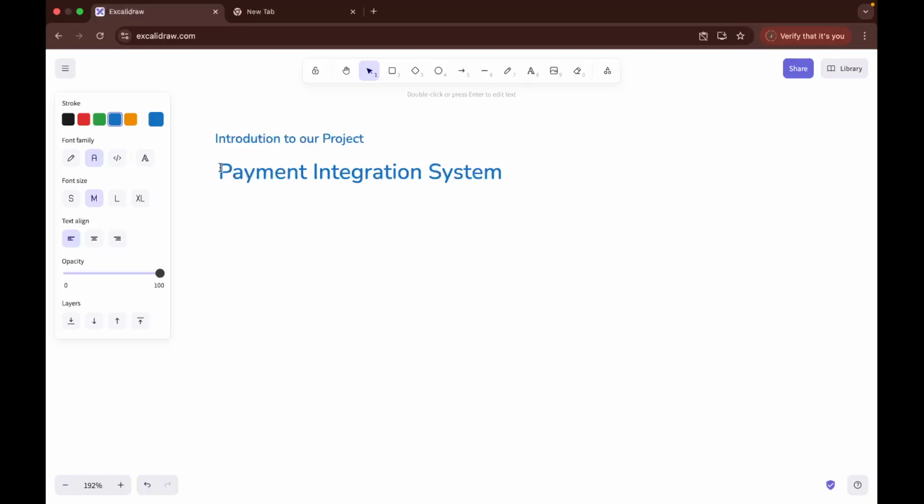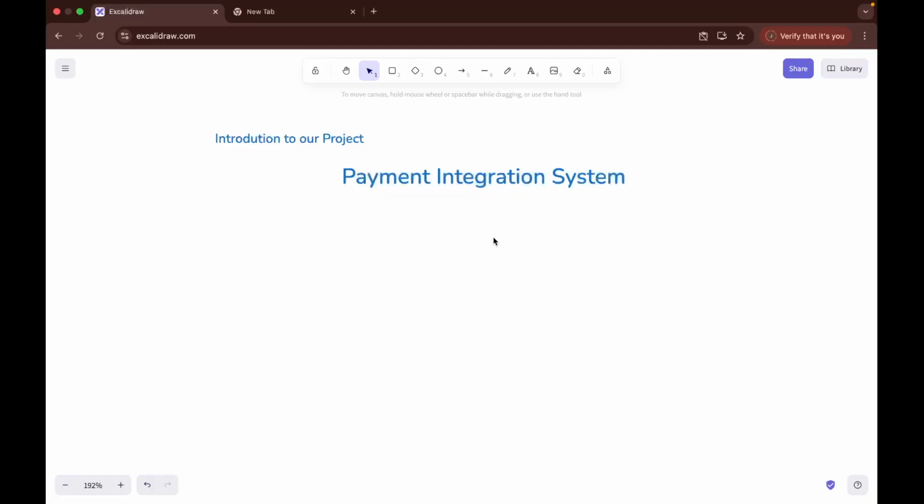This payment integration system is everything between the merchant and the PSP.